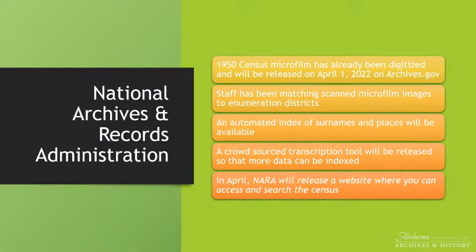It's not totally sure so far how exactly that's going to work, but from what I've been able to gather from their blog, they're going to have a website where you can search for those things. After they've been able to crowdsource, a transcription tool will be created, and they will release that so that more data can be indexed more accurately.